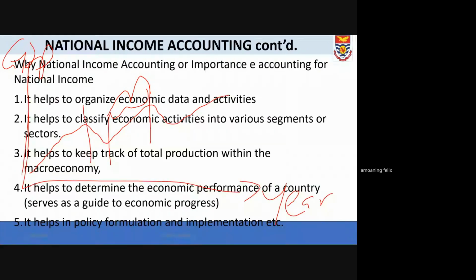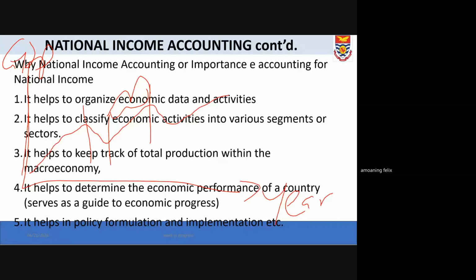So at that level, we say the economy is booming, or the economy is doing better. And whenever the economy is in recession, it gives us a clue about what we can do so that the economy can pick up. And whenever the economy is booming, then we look at what we did that is making the economy boom.